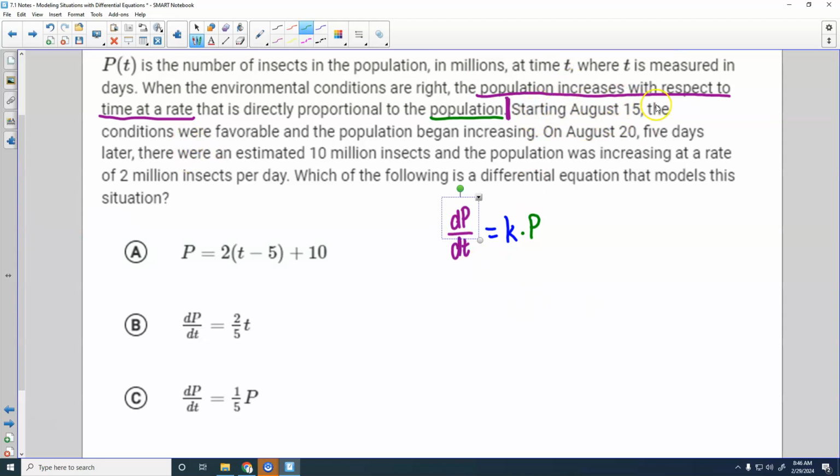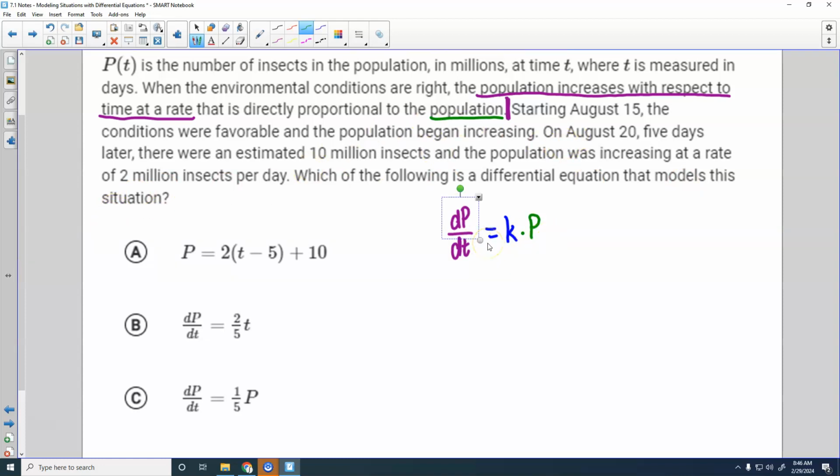So on August 15th, the conditions were favorable and the population began increasing. On August 20th, 5 days later, there was an estimated 10 million insects, and the population was increasing at a rate of 2 million insects per day. Which of the following is a differential equation that models the situation?